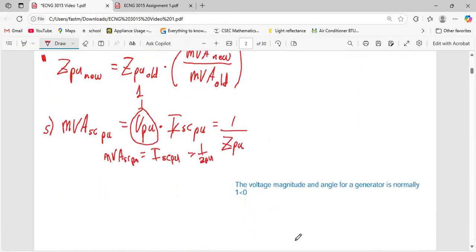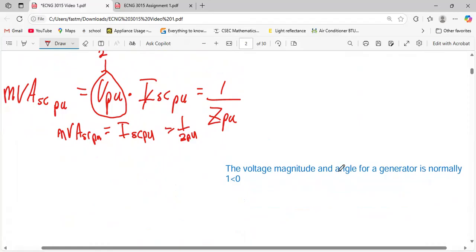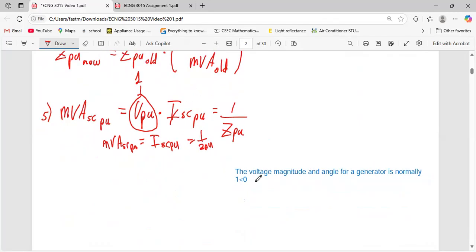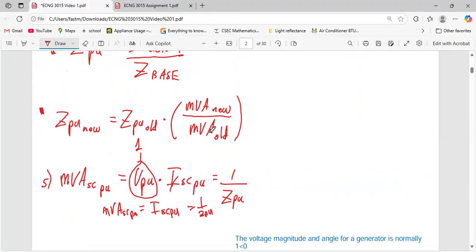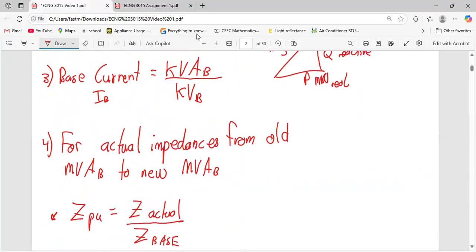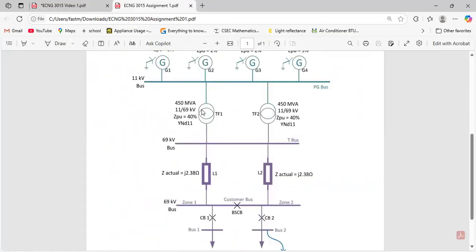And one side note, the voltage magnitude and angle for your generator is normally 1 angle 0 as a standard. If you go back to the system now and choose an MVA base, this will be the equation that you use going from the old to the new. This will be the actual, where you have to calculate the Z base and divide it.